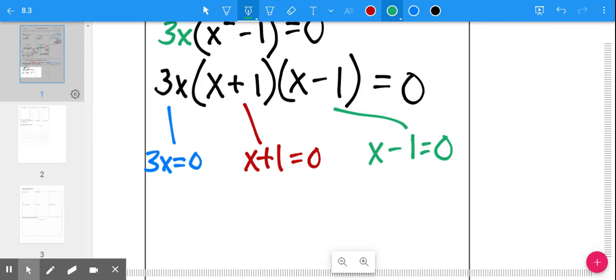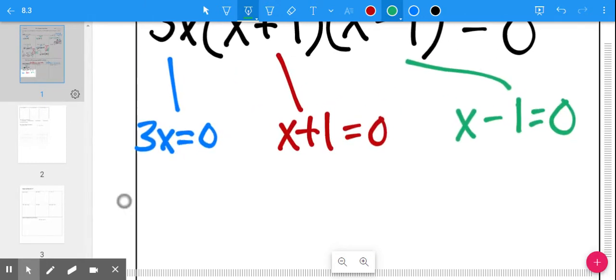So if one part of this expression on the left half of your equation equals 0, the whole thing will equal 0 because you're multiplying 3x times x plus 1 times x minus 1. So if any of those pieces equals 0, you end up multiplying this entire expression by 0, which gives you an output value of 0.